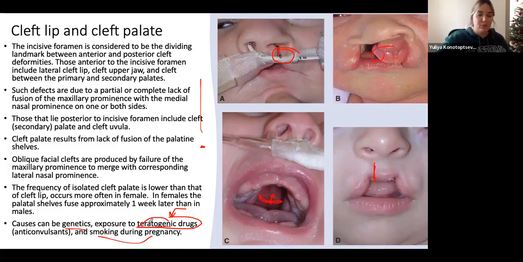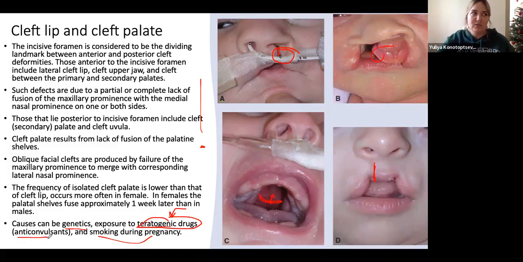For example, if a mom is smoking during this period, it can cause more damage to the embryo. If she's taken certain antibiotics during this period, the baby can be born deaf or blind or something, right? So it modified the embryo somehow.